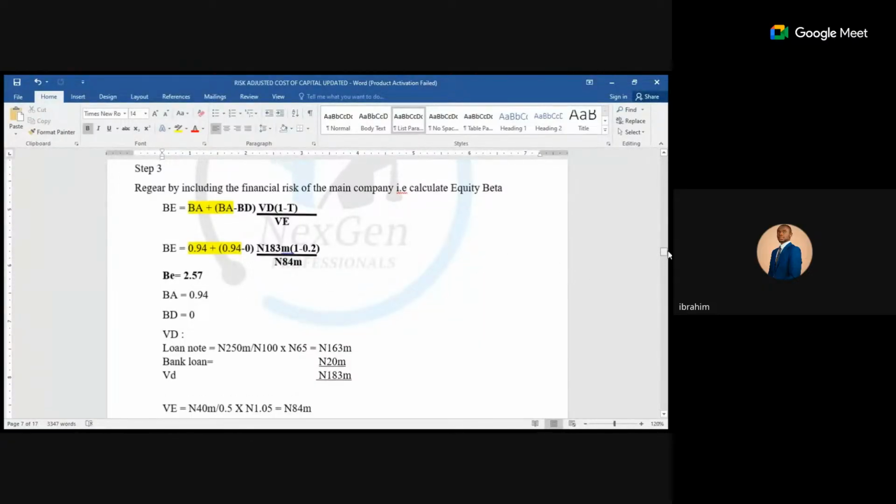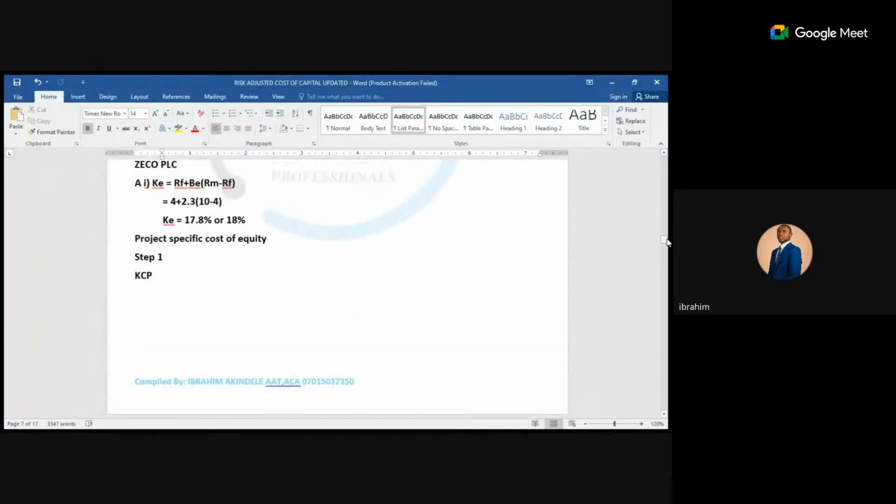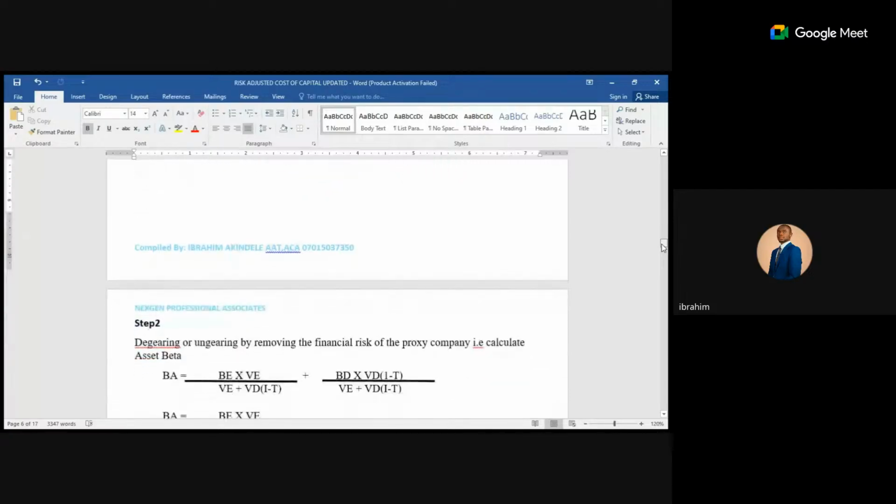Step 4. Don't forget, the question says calculate the project specific cost of equity. It means that we will only stop when we calculate the cost of equity, right? We will stop there, class.